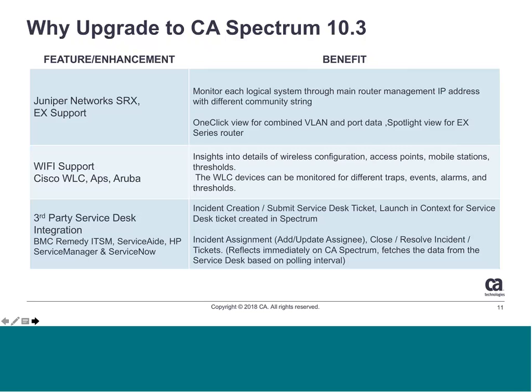So what I'm trying to stress here is, if you choose to go with an upgrade for CA Spectrum, you actually get the entire key features and enhancements that I talked about, right? And the benefits associated with each of them.